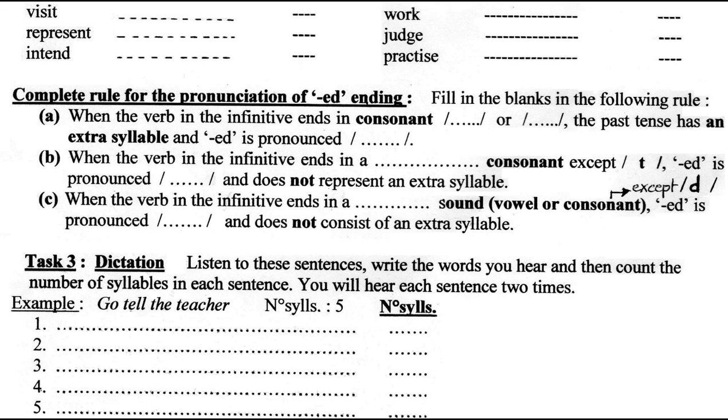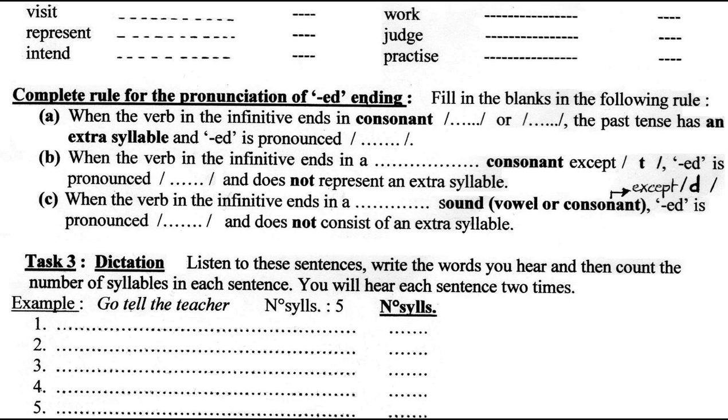This is the rule. So I'm going to read the corrected rule again. A, when the verb in the infinitive ends in consonant t or d, the past tense has an extra syllable and ed is pronounced id. B, when the verb in the infinitive ends in a voiceless consonant except t, ed is pronounced t and does not represent an extra syllable.